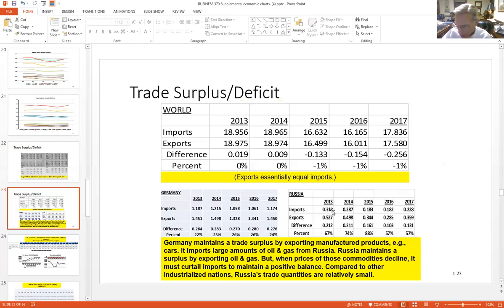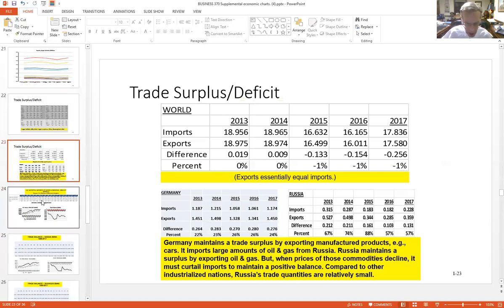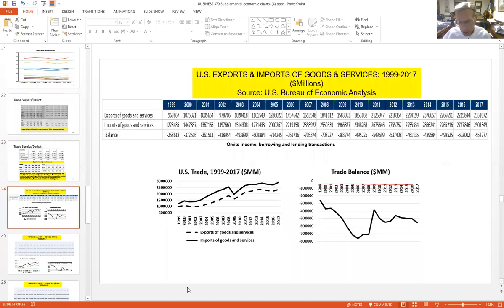And so the imports fell from 315 million to less than 300 to less than 200. Because Russia has a managed economy, it is able to control its trade balances more closely than the US can, even though its numbers are a lot smaller.